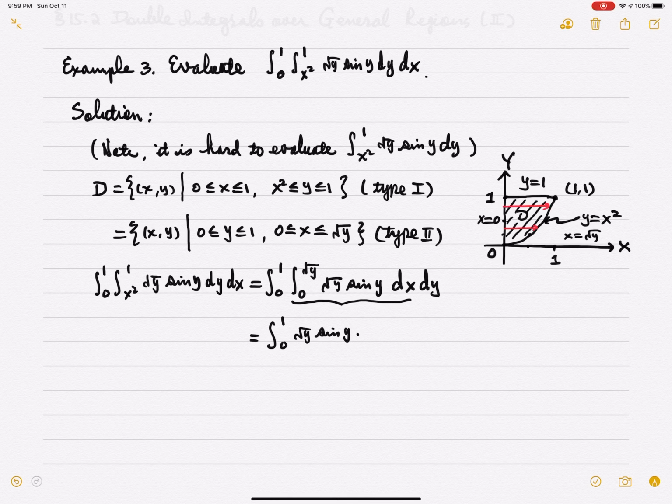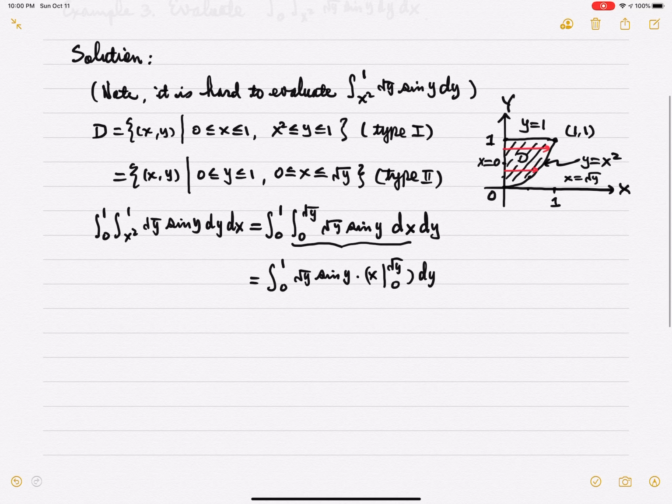Now the antiderivative is x, you put in root y and 0, which is root y, so dy. Now root y times root y is y. So here we say that's equal to the integral from 0 to 1 of y sine y dy. So we have that.